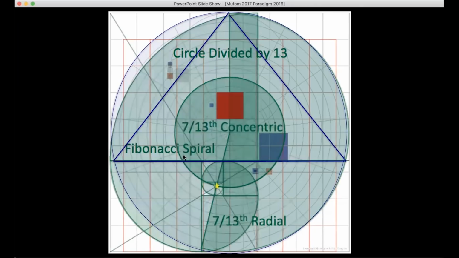So what we're doing here, to try to explain what we're looking at, we had done the square and the circle, and now we're doing this spiral, and we're seeing how this spiral fits into the relationship of the spiral to the circle.